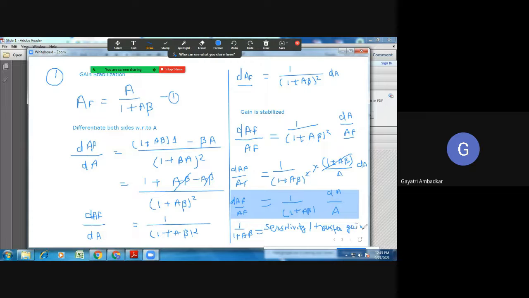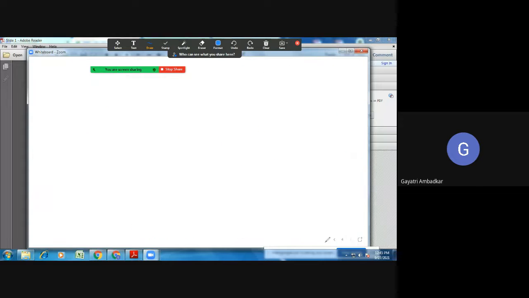And the reciprocal of sensitivity is called desensitivity.